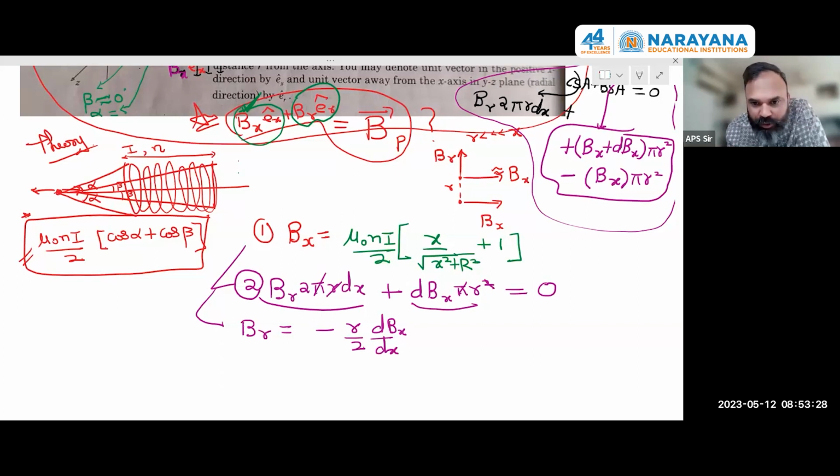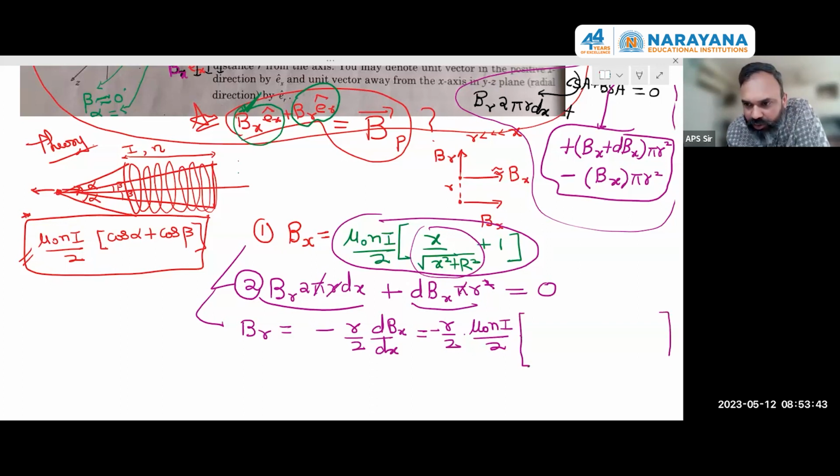And because B is known to us, it is minus r by 2, and I'm just differentiating this term. So I got mu naught nI by 2. I got the derivative of this term 0. Then I have to differentiate this. So just apply the quotient rule gradually, slowly. So I got the denominator, x square plus r square, right?